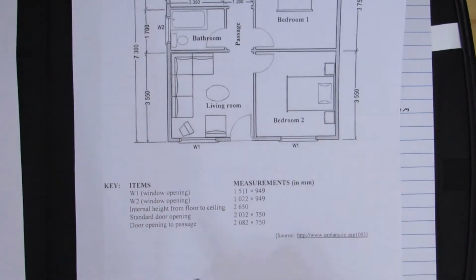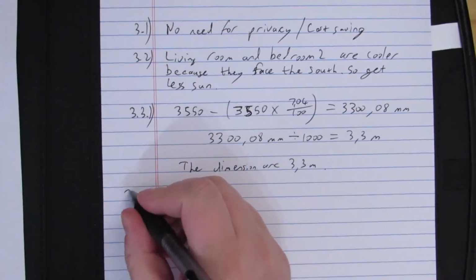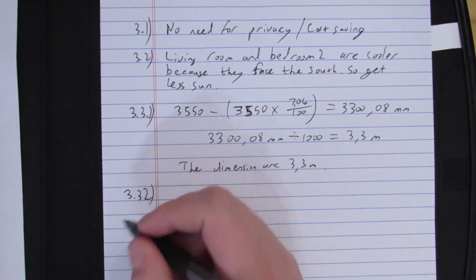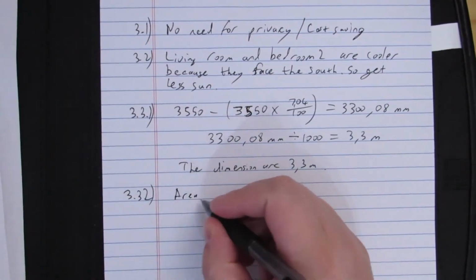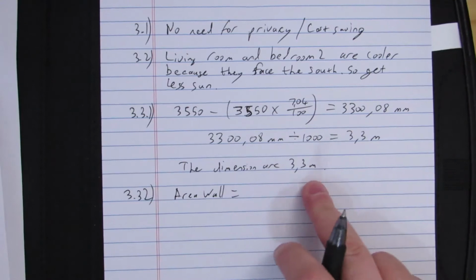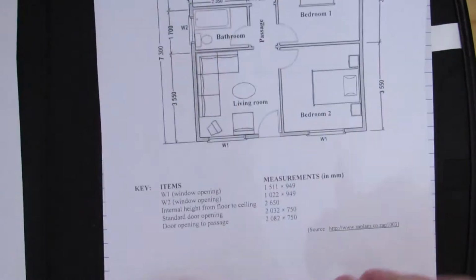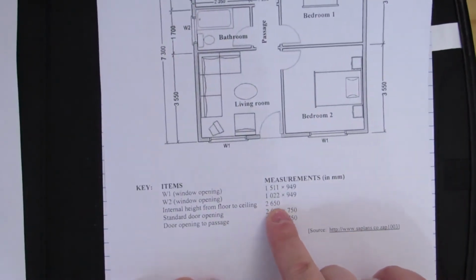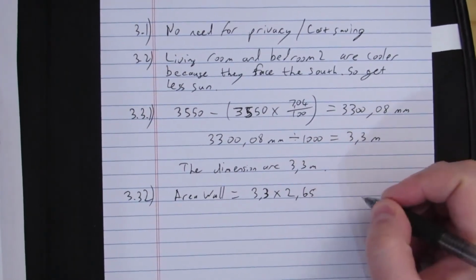Okay. Another thing to note, they have given us the internal height from floor to ceiling, so I can work out the area of my wall. Great. So, if I read from my plan, the area of one wall is equal to, we've already got the dimension, 3,3 meters, and the internal height is 2,560 millimeters, so that's 2,65 meters.